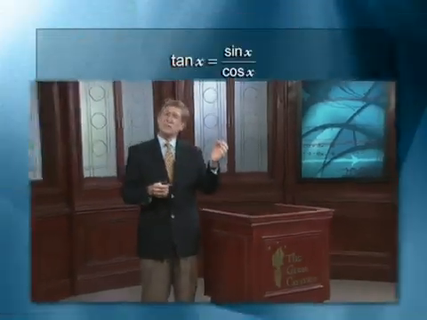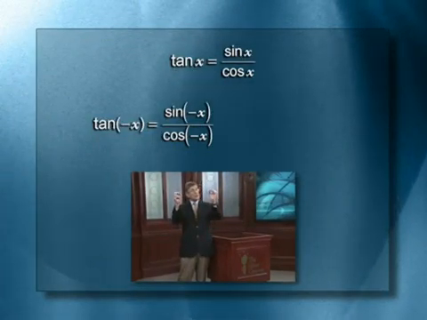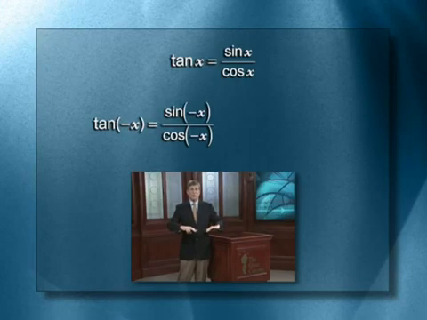Tangent is also an odd function. Odd in both senses. It's kind of a weird-looking graph, as we'll see in a moment, and it's odd in the mathematical sense, that tangent of minus x is minus tangent of x. You can see that by saying tangent of minus x is sine of minus x divided by cosine of minus x.